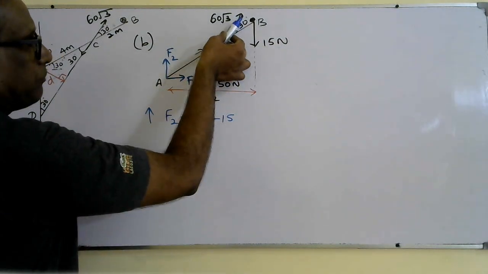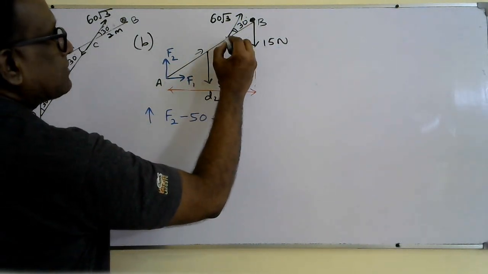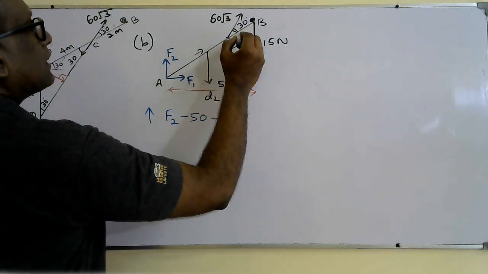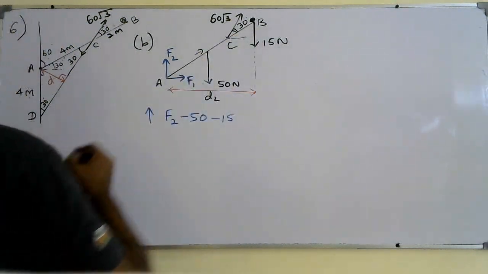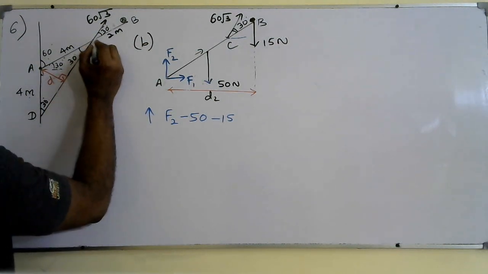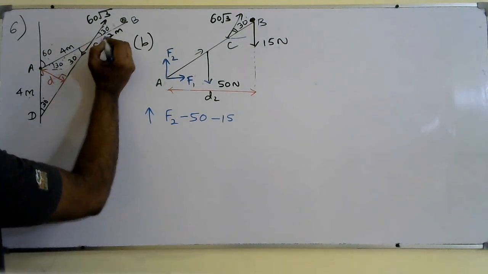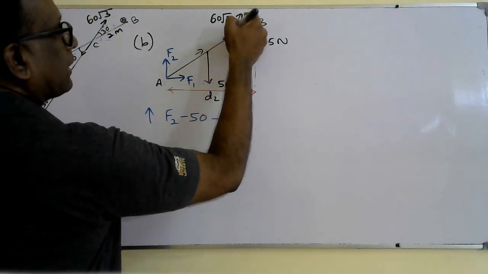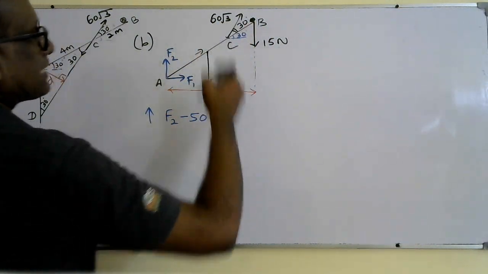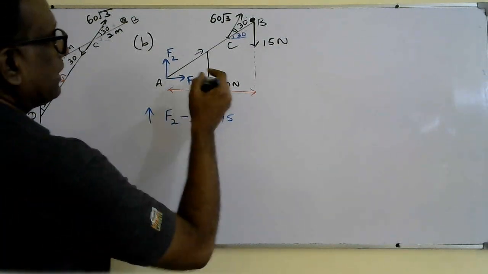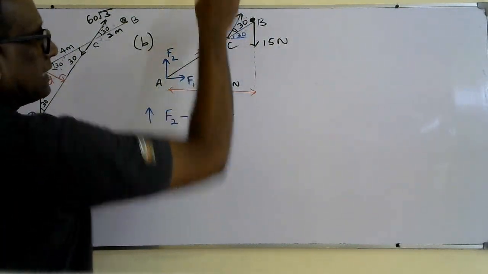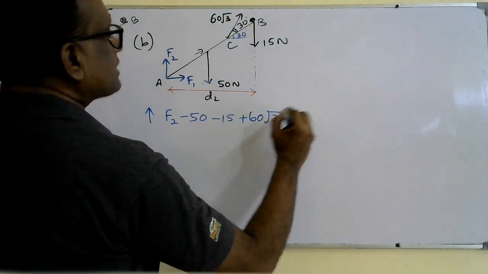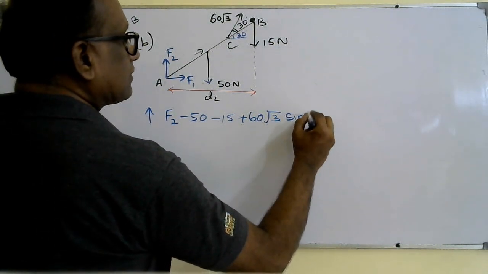If I resolve the force upwards, the rod makes 30 with the horizontal line, so the force makes 60 degrees with the horizontal. So vertically upwards it's plus 60 root 3 sine 60.